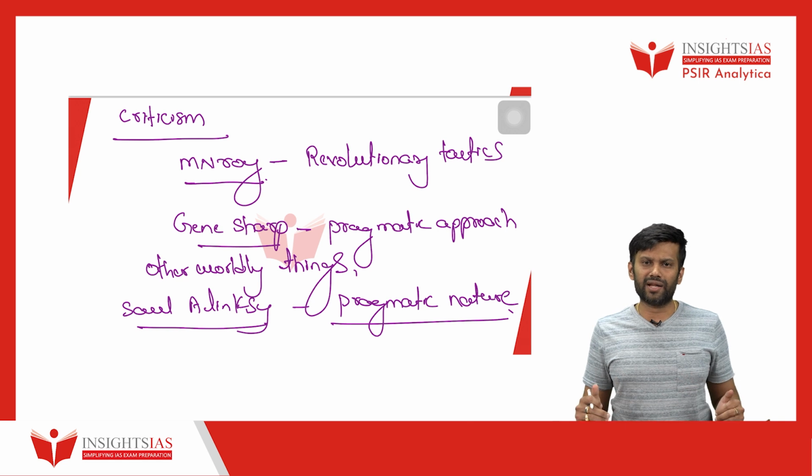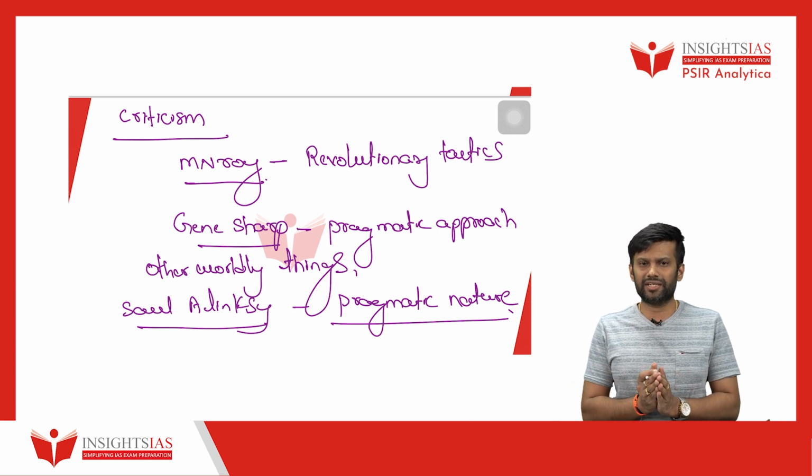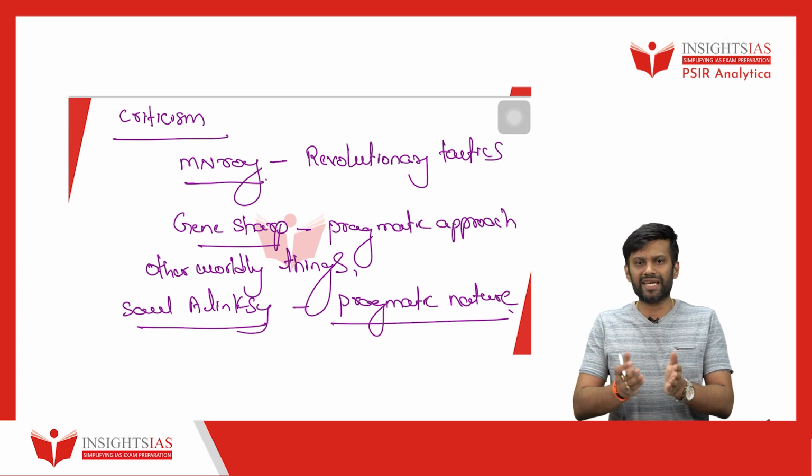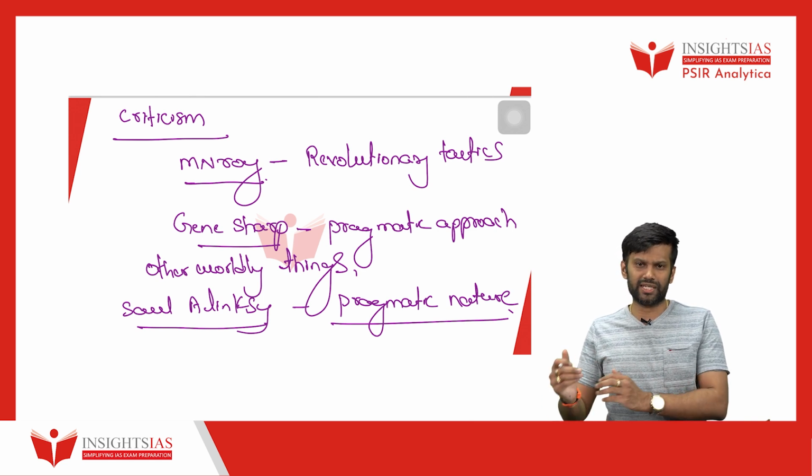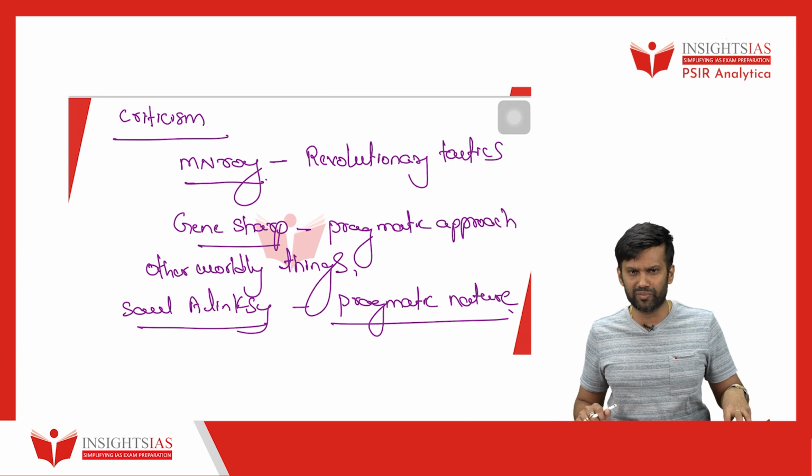Then you can end your answer by saying that Satyagraha is not just used in the Indian national movement. Its relevance is found even today: Anna Hazare used it in the India Against Corruption movement, or in South Africa, Nelson Mandela used it in his fight against the white racist government.